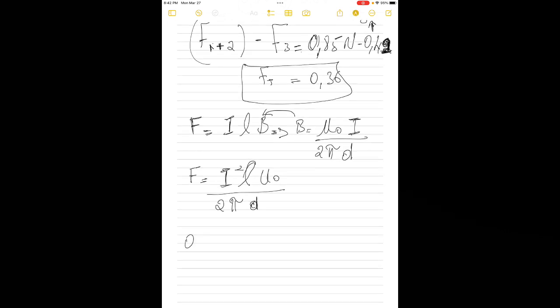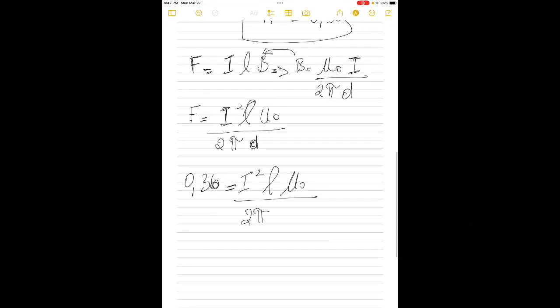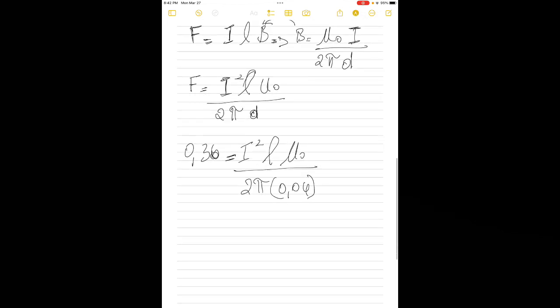So 0.36 equals I squared length times the permeability constant divided by 2 pi times 0.04. The current will be 268 amps.